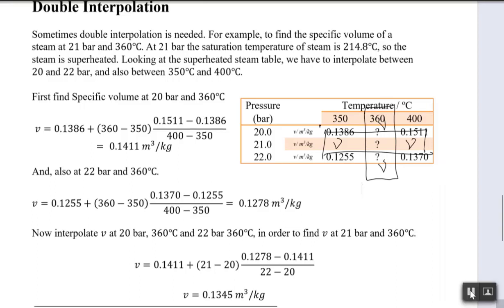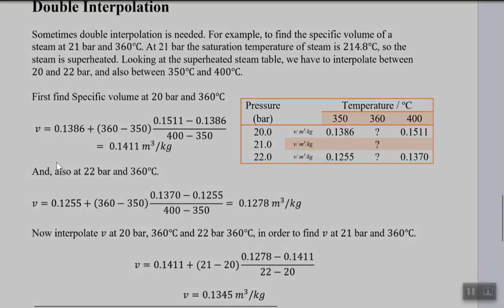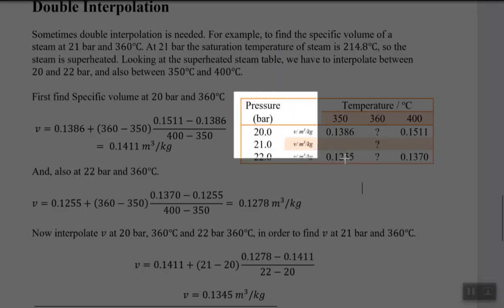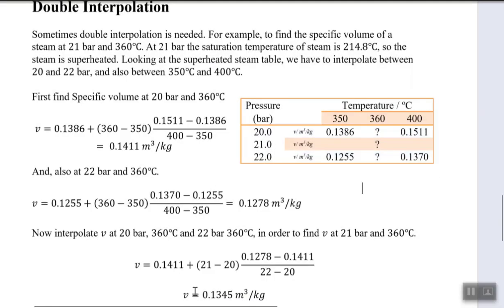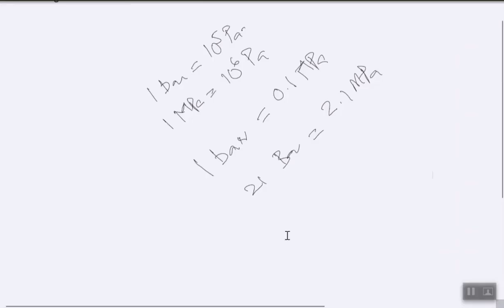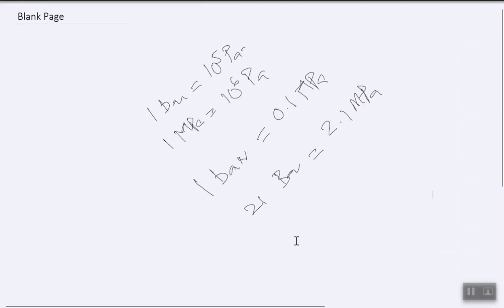Let's check if we can find it. Okay, so first things first, let me take this example to another page so we can solve it over there. Now let me put it in a blank one.